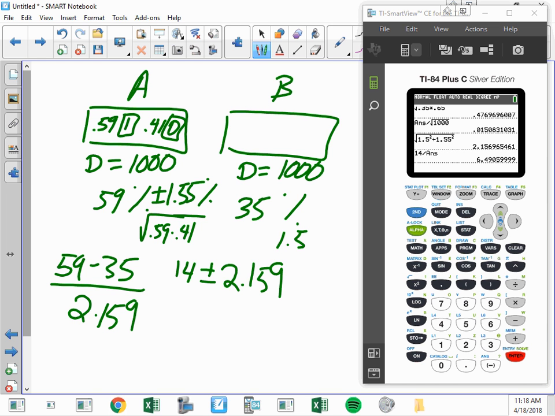We are going to reject the null for sure, and we can even say the difference is highly significant. It's going to be practically zero. Right? If I have the standard normal curve, 0, and I'm way out here at 6.5, how much area is over there?